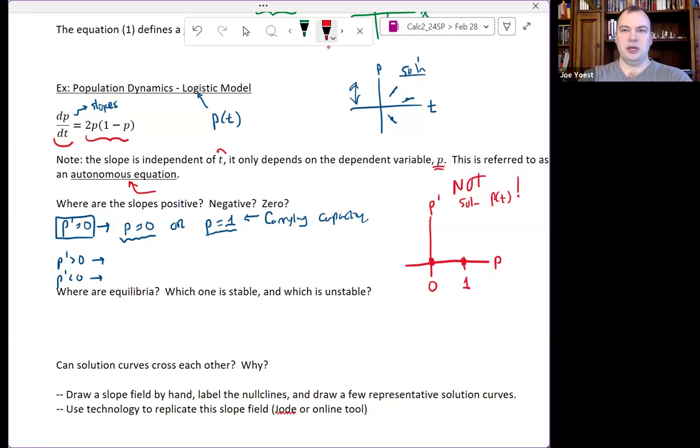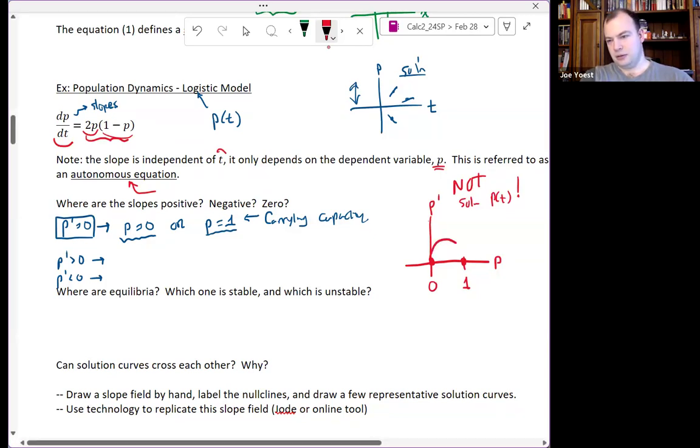When p is strictly between 0 and 1, 2p is positive. 1 minus a number that's between 0 and 1 is also positive. And we know that 2p times 1 minus p is a quadratic opening downward.